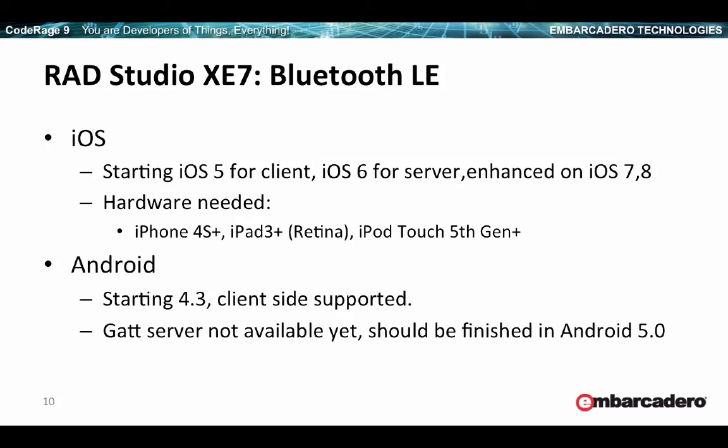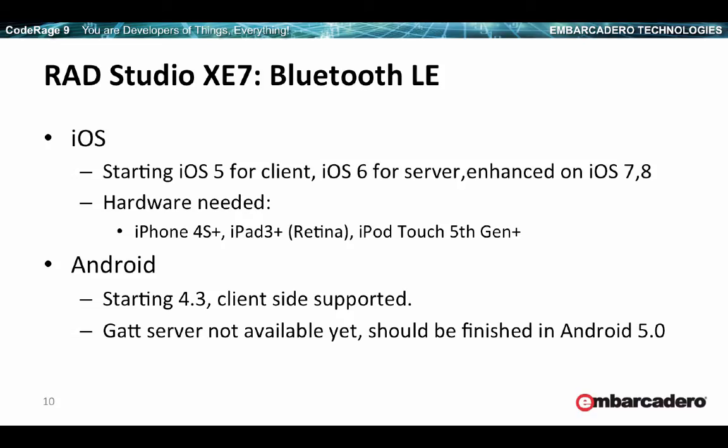But I recommend using at least iOS 7 because Apple improved the low energy API a lot in this version, 7, and the 8th one. Again, not all phones and iPads have support for low energy. We need an iPhone 4S or an iPad 3, the first Retina, at least to build low energy applications.